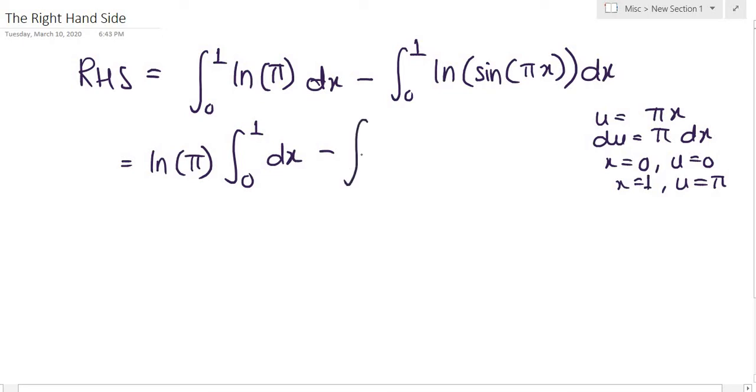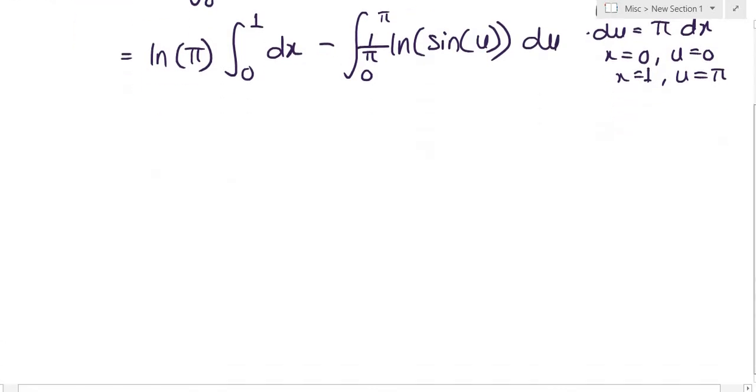So we have a definite integral being equal to the integral from 0 to pi of the natural log of sine of u. So u instead of pi x, and instead of dx we have 1 over pi times du, right? Just rearrange this thing. So 1 over pi times du.